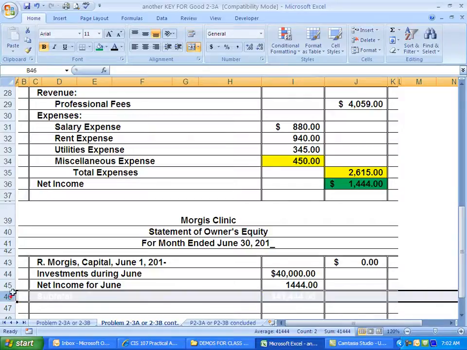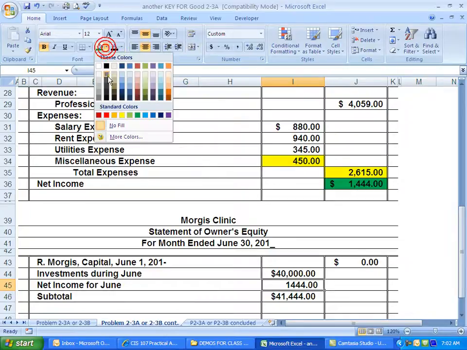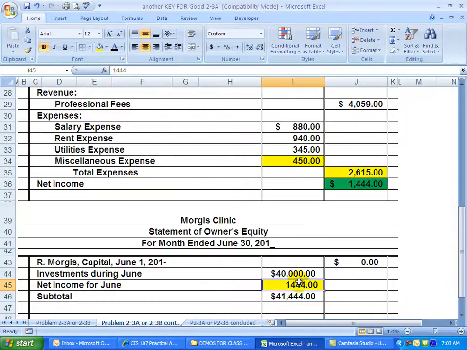We're going to subtotal these now. So we're just going to write subtotal, and there's going to be a line under this number because remember we're adding these two numbers together, so we need a single line under the yellowed number. So that's our subtotal. Now what's going to be taken away from this will be our drawing.